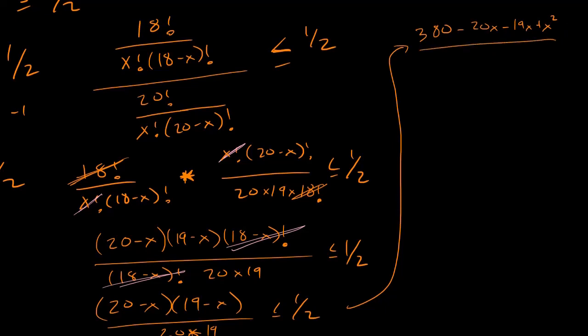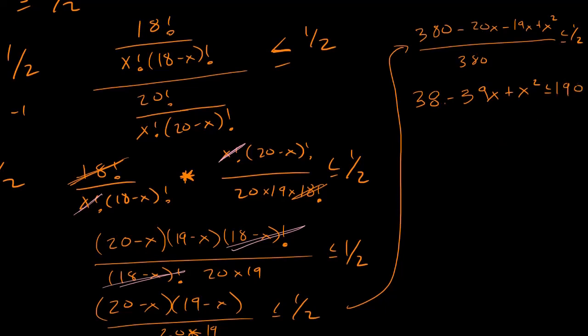All that divided by 380 less than or equal to 1/2. Multiply both sides by 380 to get rid of the fraction. Also, 20 plus 19 is 39x plus x squared. All right, so 380 times 1/2 is 190.